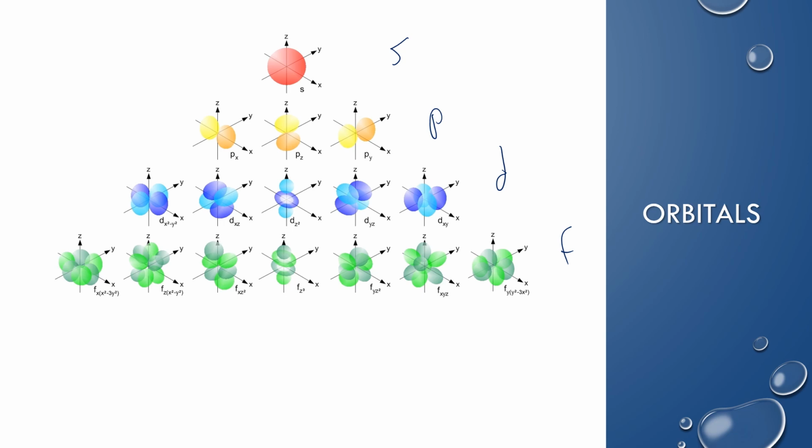You don't need to know the specific shapes here or the specific orientations, just that it is more involved than the p orbitals, and that there are 5 different orbitals in each sublevel. And then finally F, same idea. There are these even more complicated shapes. You just need to know that there are 7 per sublevel for a particular energy level that has F orbitals.